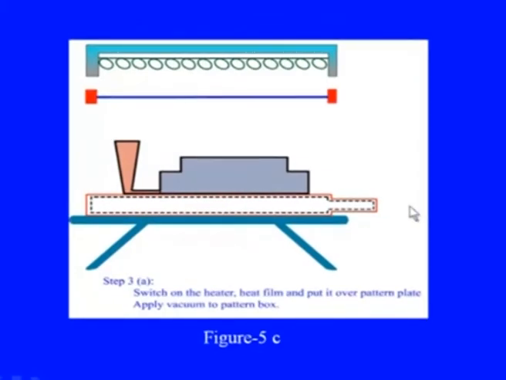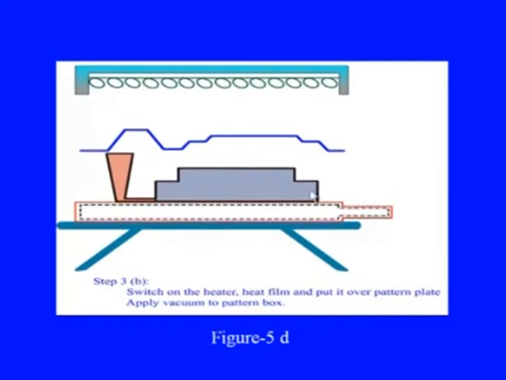In the next step, the heater is switched on. This heats the film and it is put over the pattern plate. Then simultaneously vacuum is also applied to the pattern box.